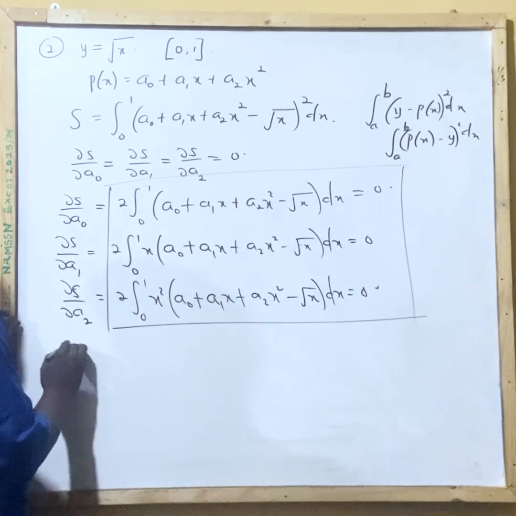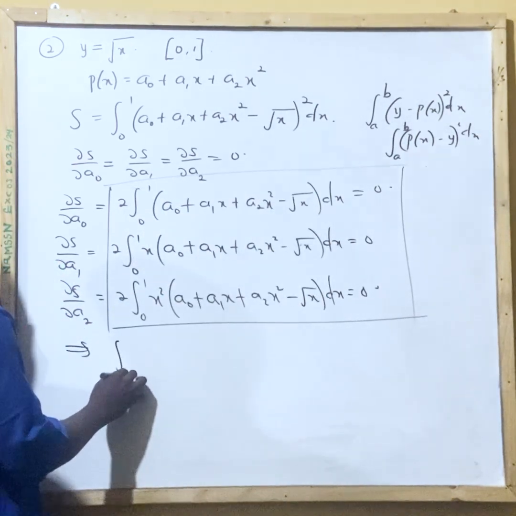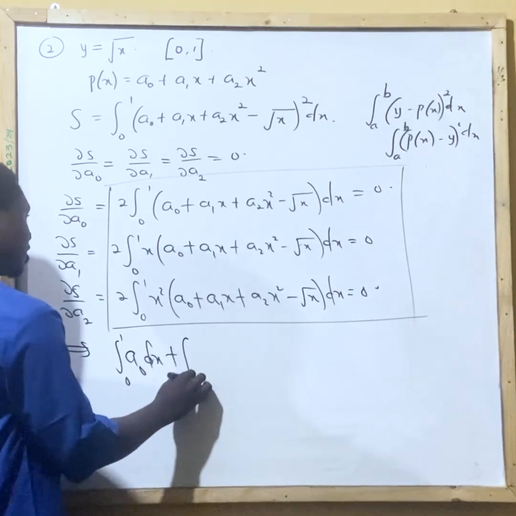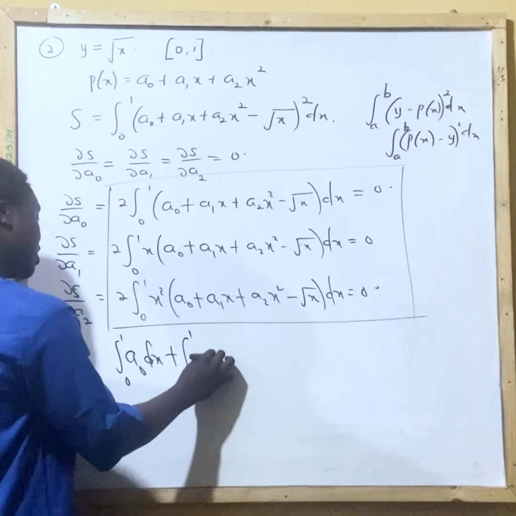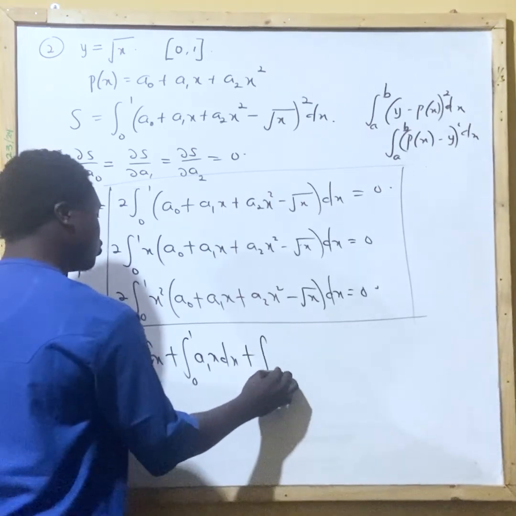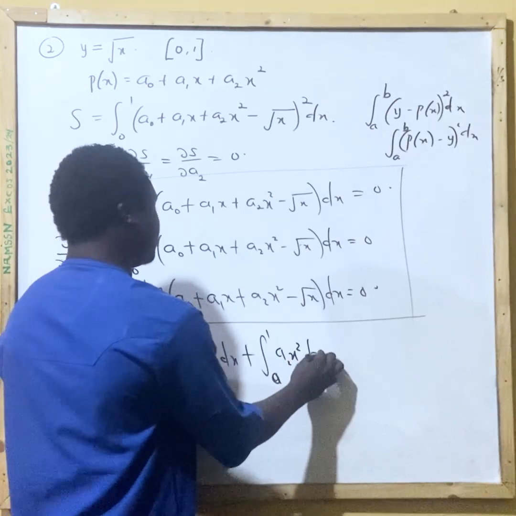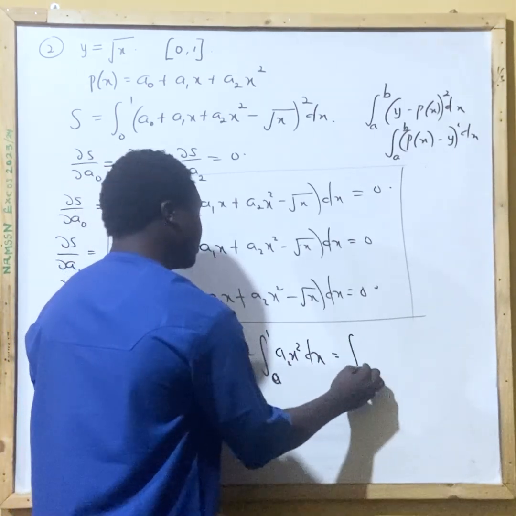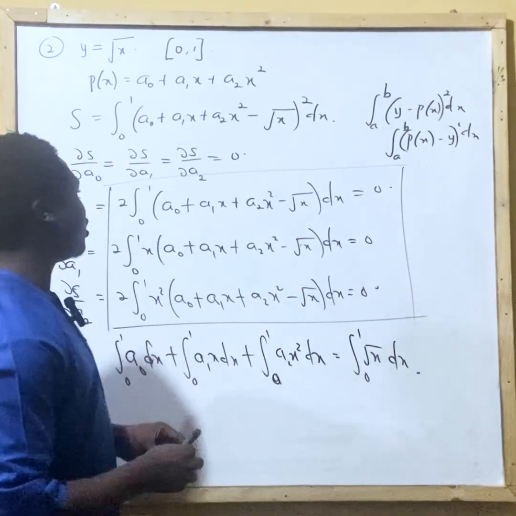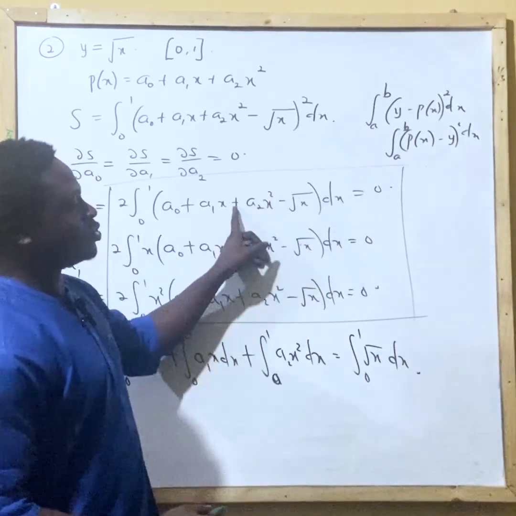For these three equations, for equation 1, I'll have integral from 0 to 1 a naught dx plus integral 0 to 1 a1x dx plus integral 0 to 1 a2 x squared dx equal to integral 0 to 1 square root of x dx. Expanding, I have minus integral 0 to 1 root x dx, so taking it to the right hand side, it becomes plus.